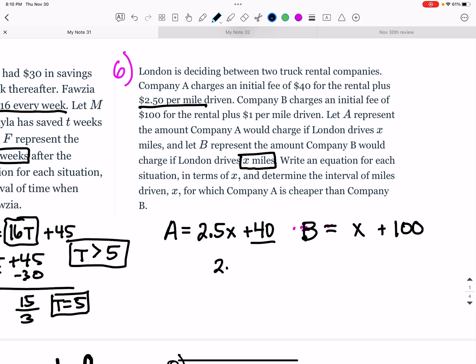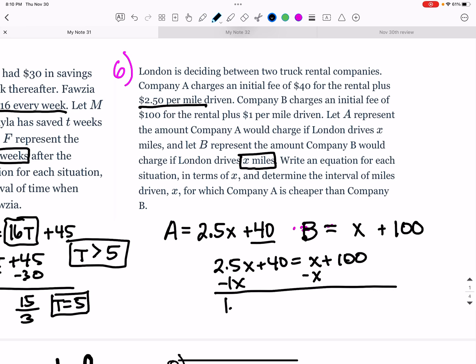Let's see, 2.5x plus 40 equals x plus 100. Minus x, that's 1x, right? So 2.5 minus 1 is 1.5x. Minus 40 from this side over to this side, minus 40 equals 60. Divide by 1.5, x equals 40.